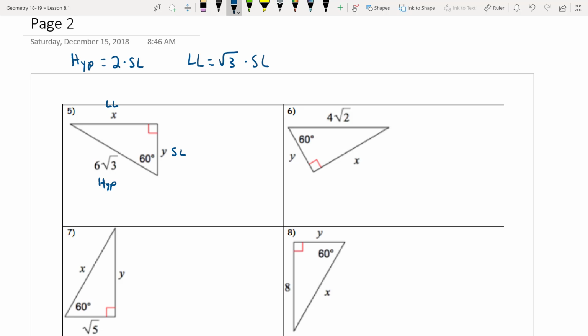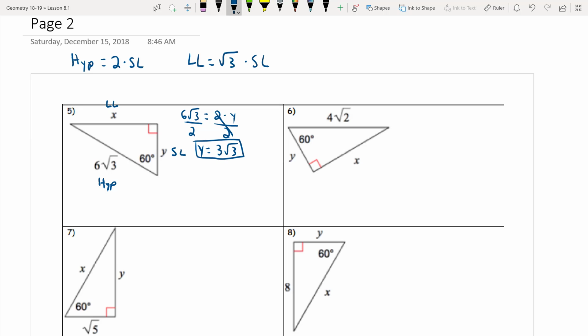So I'm going to take this value and plug it in right here to my first formula. So I've got 6 radical 3, my hypotenuse, and that equals 2 times y. Well, to get y on its own, I just divide by 2. Like we said, we're going from a bigger one to a smaller one, so we divide. And if I divide 6 by 2, I have that y equals 3 radical 3.